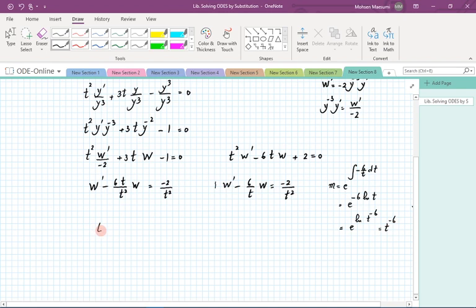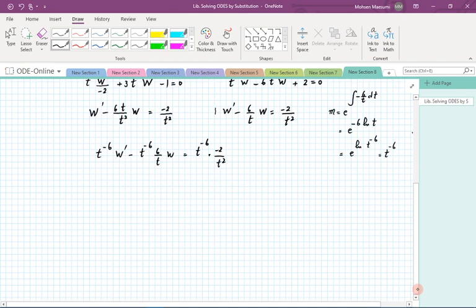So I'm going to write t to power of minus 6 w prime minus t to the power of minus 6 times 6 over t w is equal to t to power of minus 6 times minus 2 over t squared. We might as well write everything in similar notation.